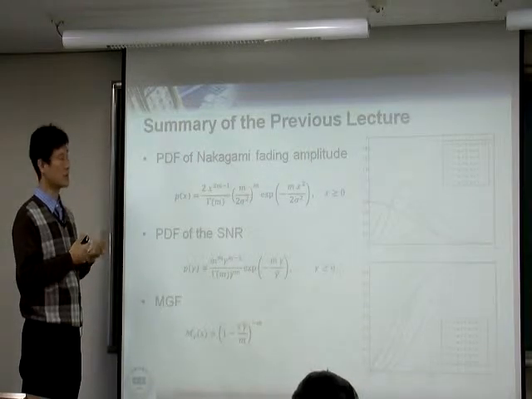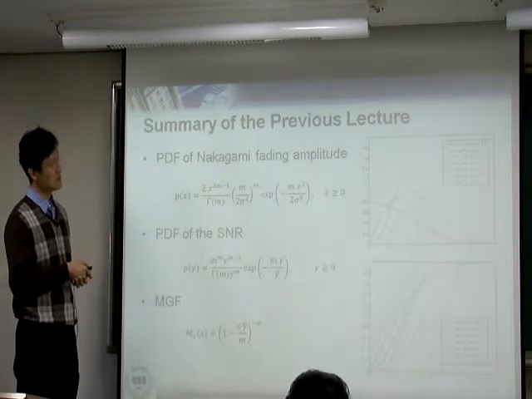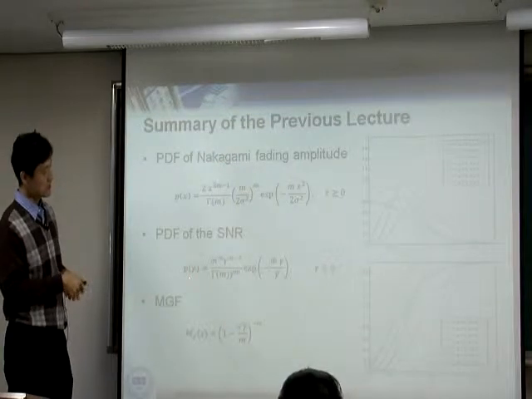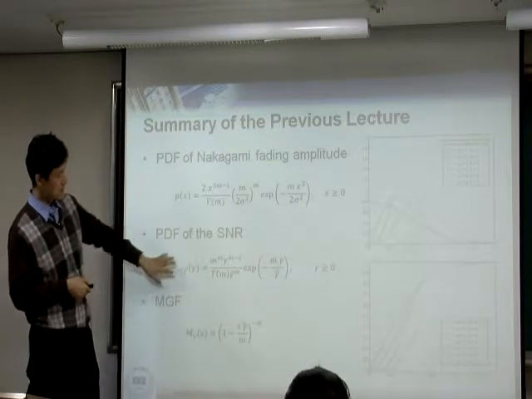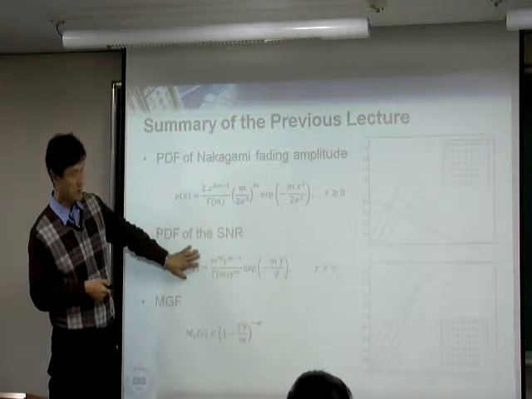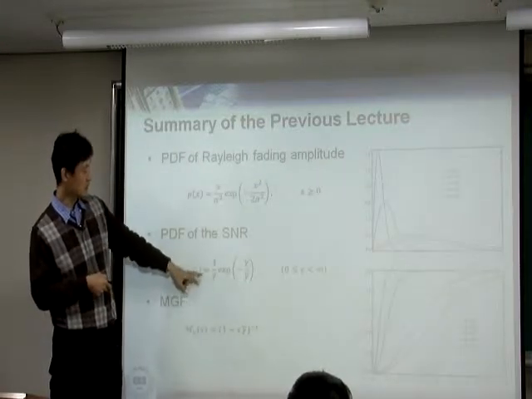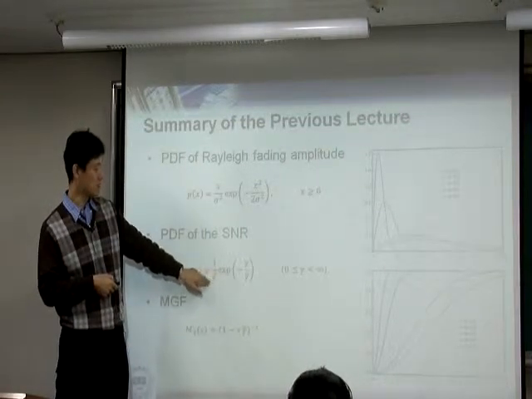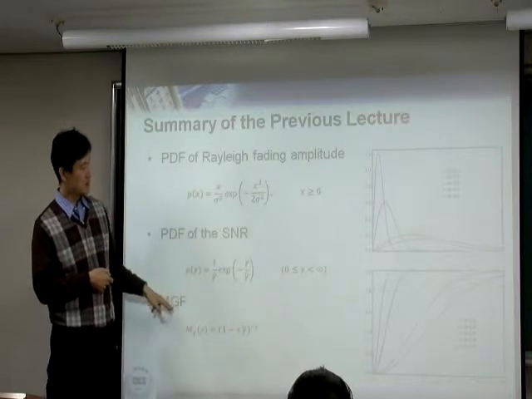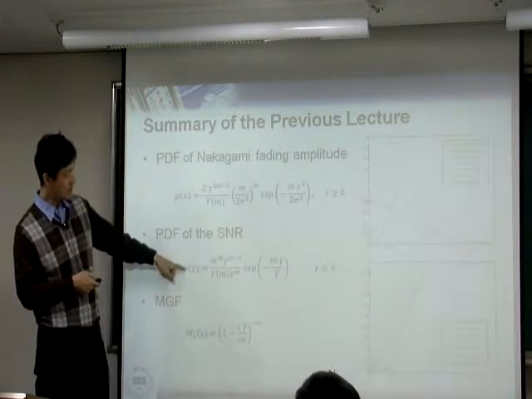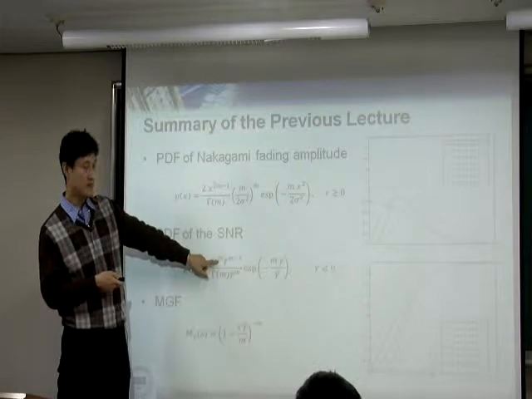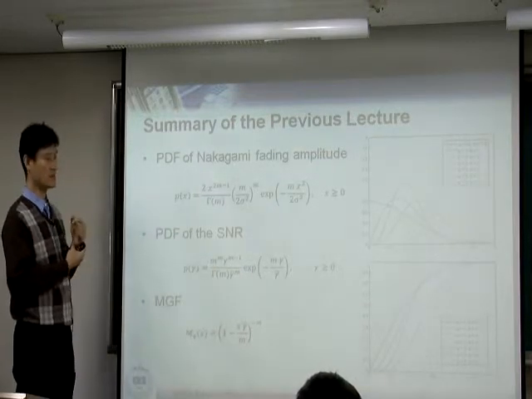We say that the Nakagami channel is a general channel. As you see here in the PDF of SNR, this Nakagami channel has two different parameters. Earlier, the Rayleigh channel is defined only by one parameter, which is the average SNR. But in Nakagami, we have one more parameter called M. This M is called the fading parameter.